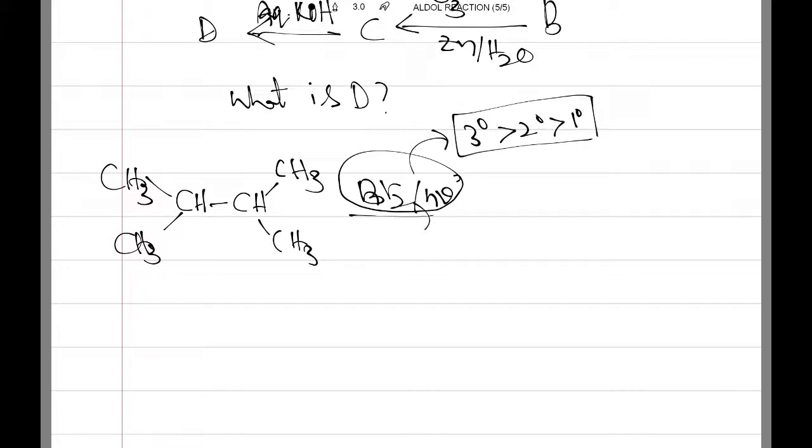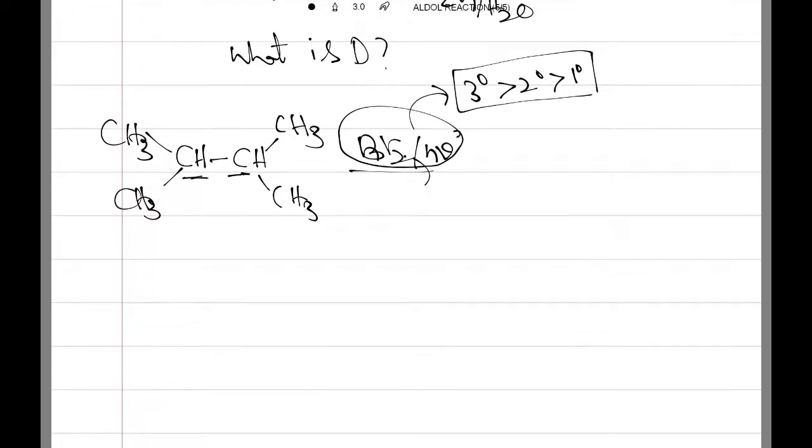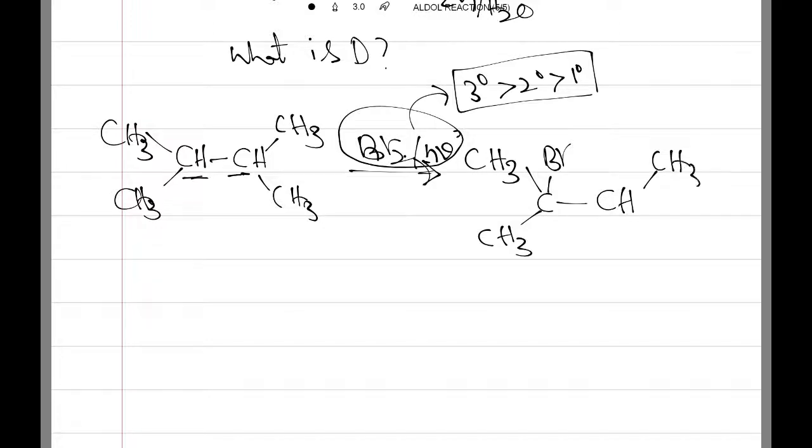Here I am taking only 1 mole of bromine with sunlight, so one hydrogen will be substituted by bromine. So we get CH3, with bromine here, and CH3 followed by CH3.